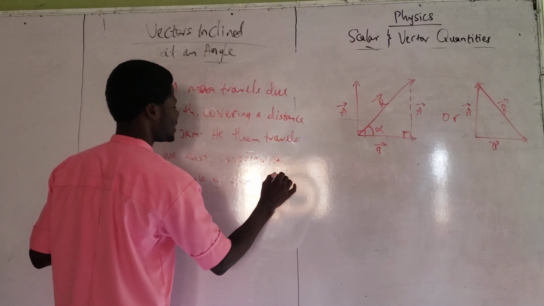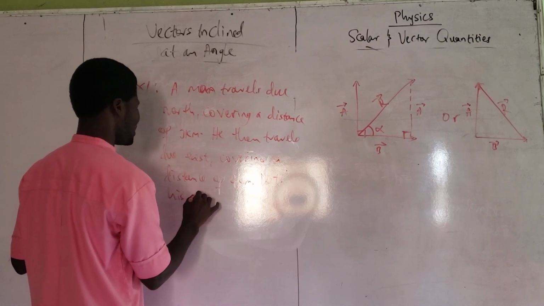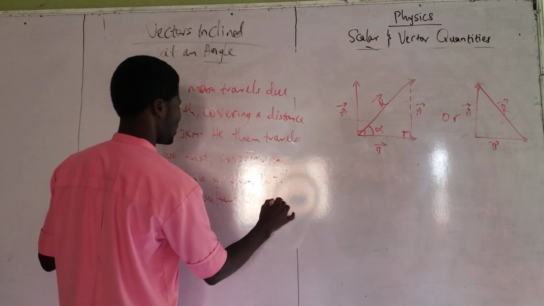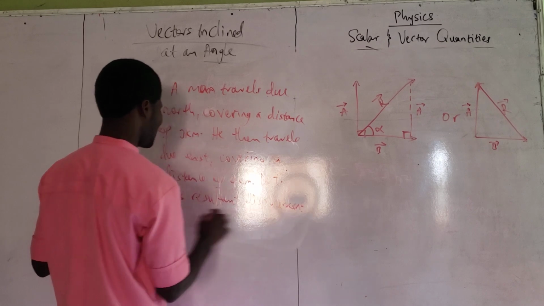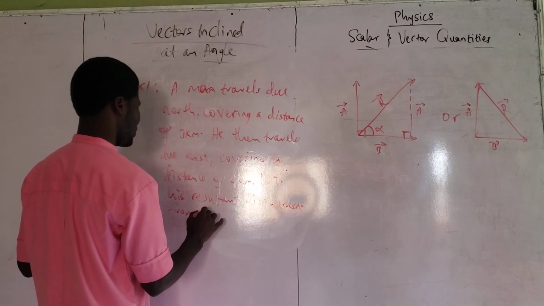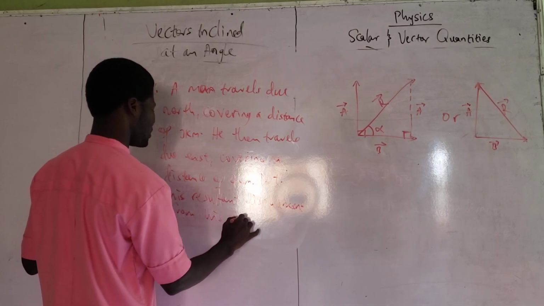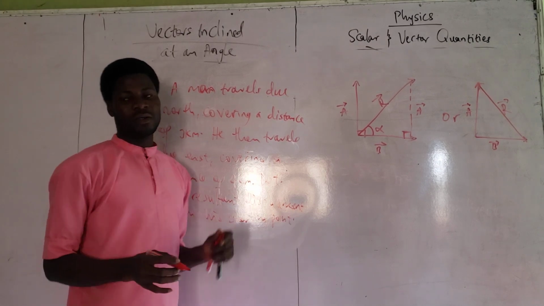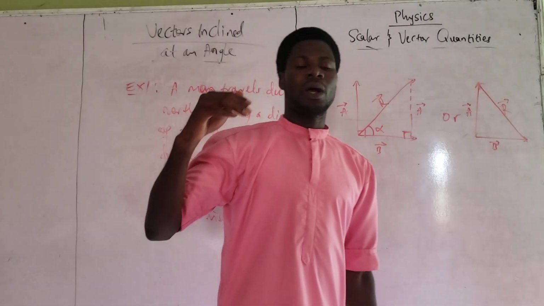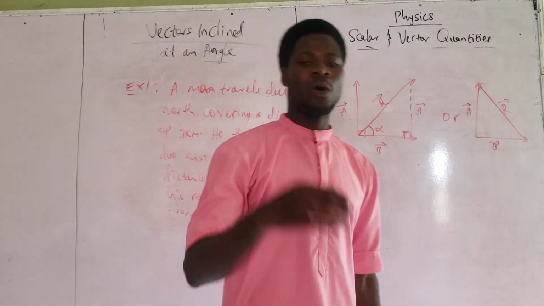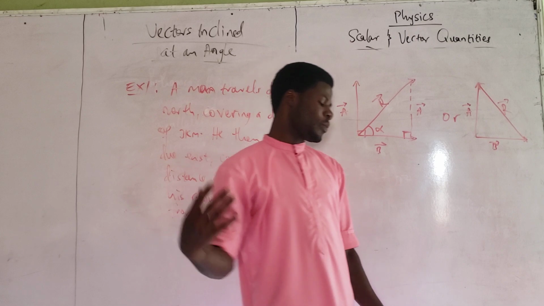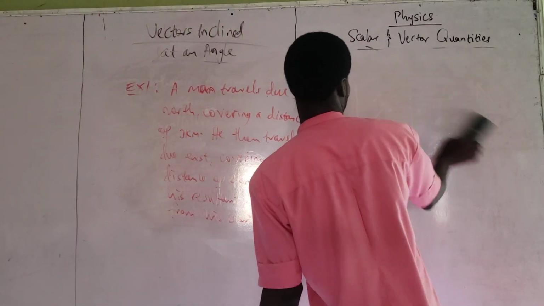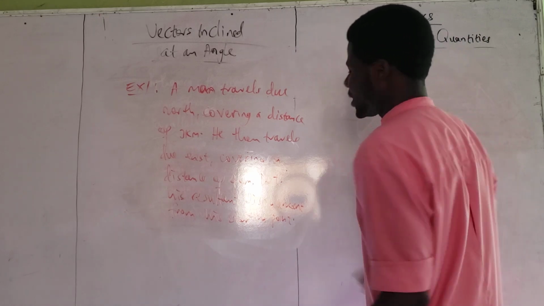Determine his resultant displacement from the starting point. This is a typical question for WAEC, JAMB, NECO, and JUPEB. Okay? Let's look at this. This will be the last thing in this video.